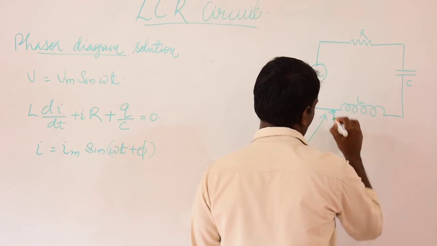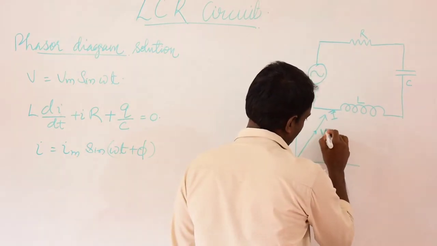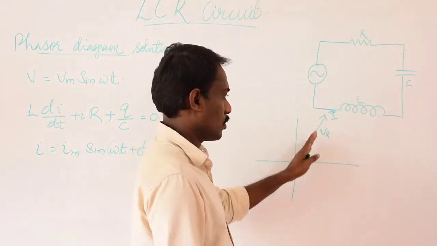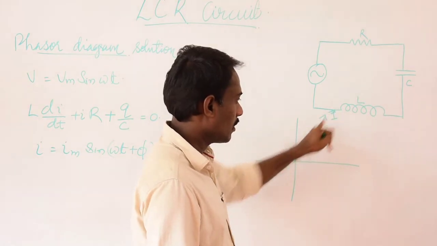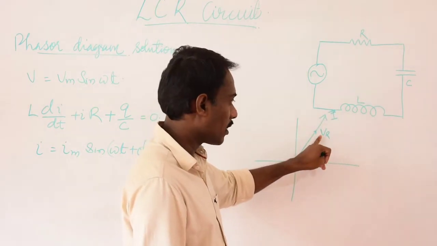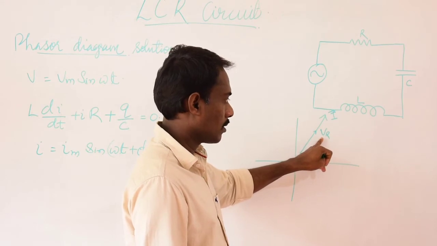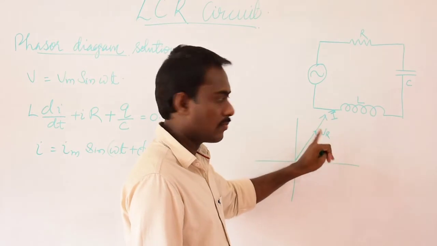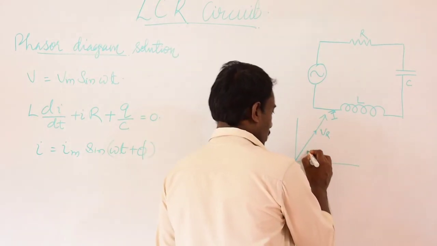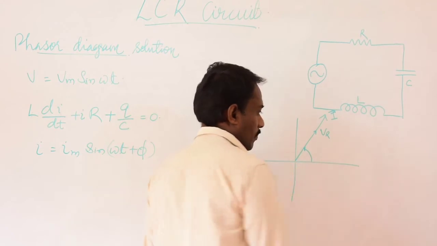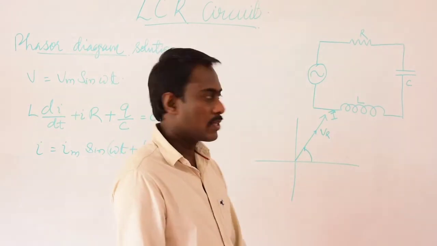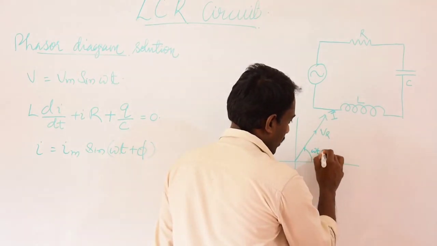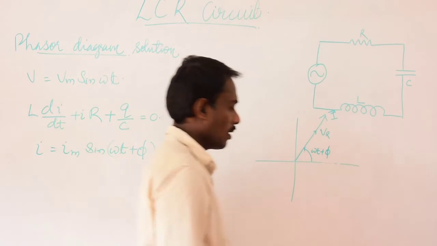Since current and voltage are in the same phase for a resistor, the voltage across the resistor and the current are in the same phase in this case. And the phase is omega t plus phi here.